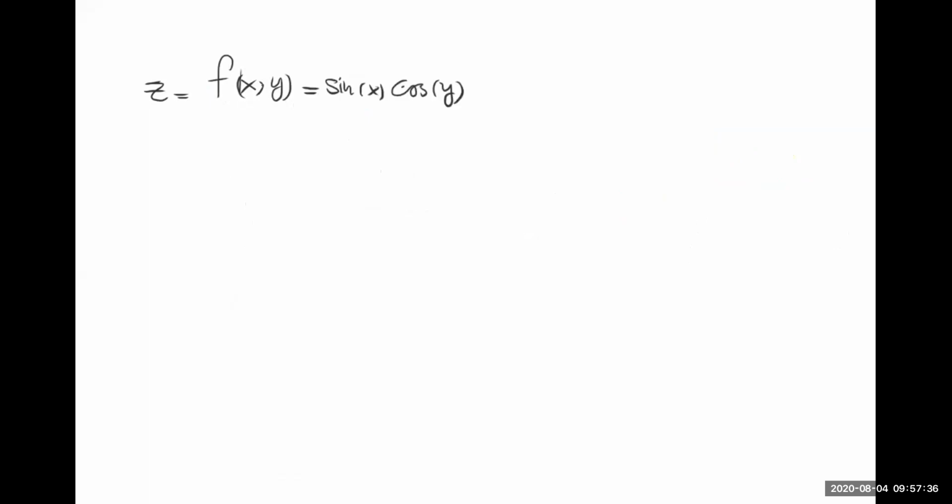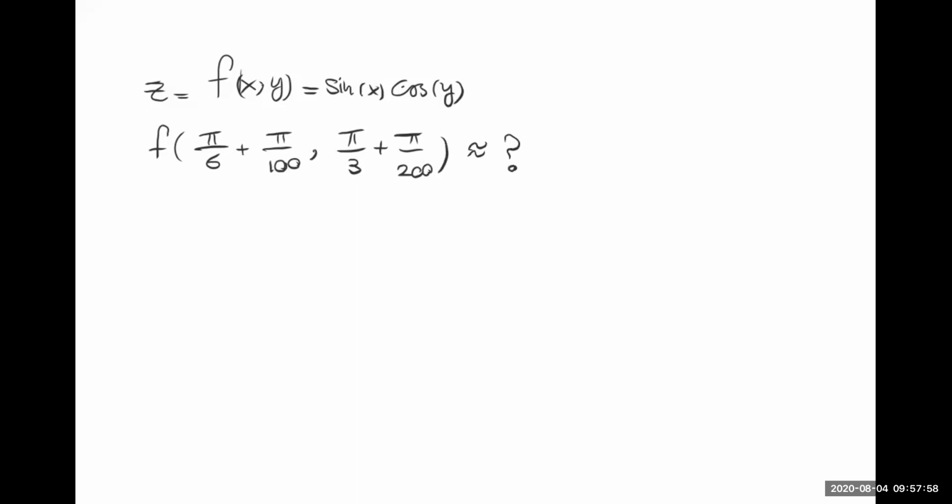And suppose we want to compute f of pi over 6 plus pi over 100 and pi over 3 plus pi over 200. And we want to approximate this thing.